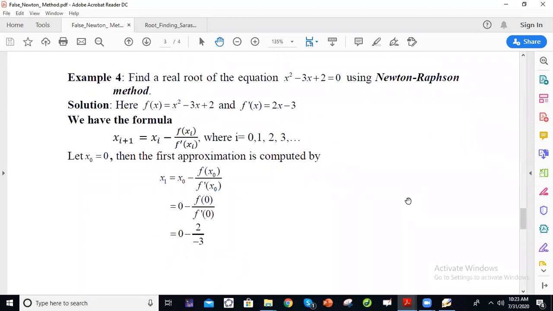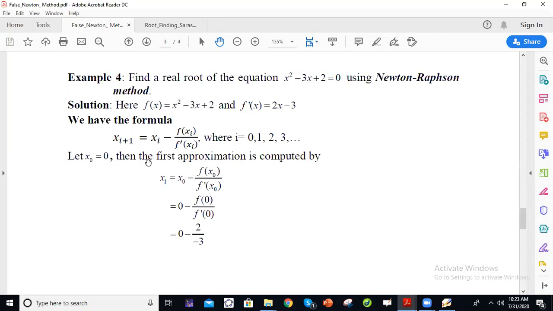Initially, we have a function f of x equals x square minus thrice x plus 2. Find its derivative, just we have 2x minus 3. We have the Newton-Raphson formula: xi plus 1 equals xi minus f of xi over the first derivative of function f, we call f dash xi, where i runs from 0, 1, 2, 3 up.